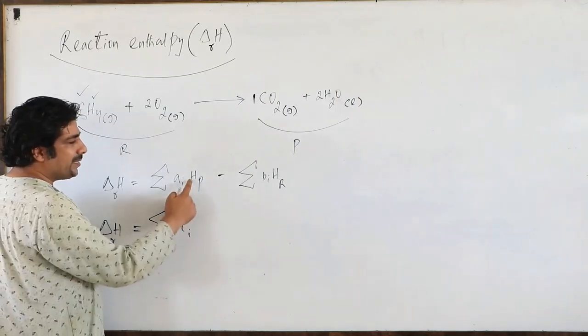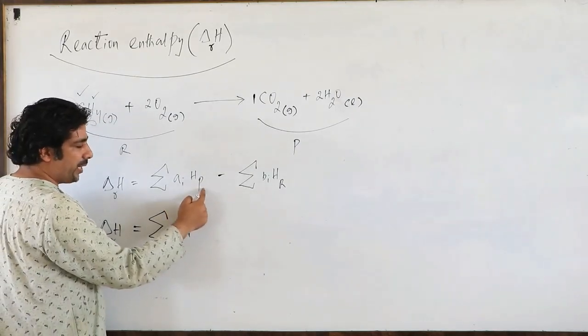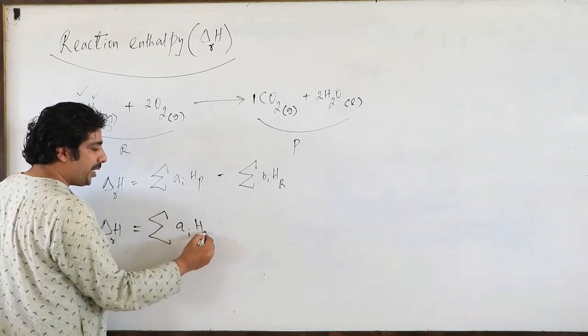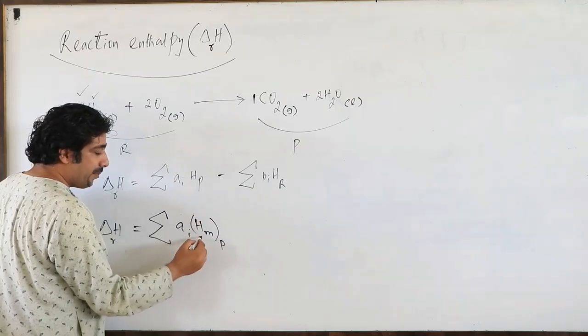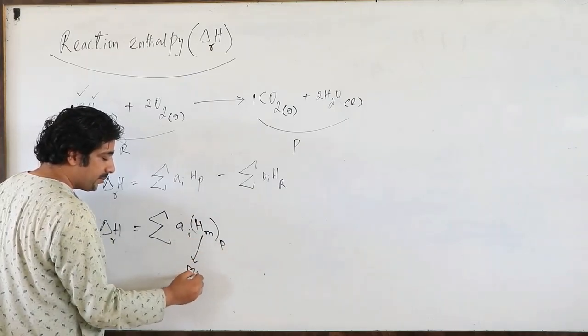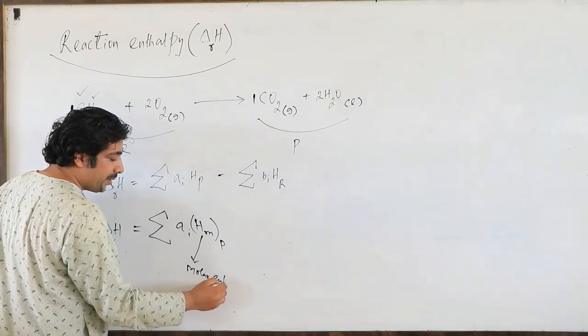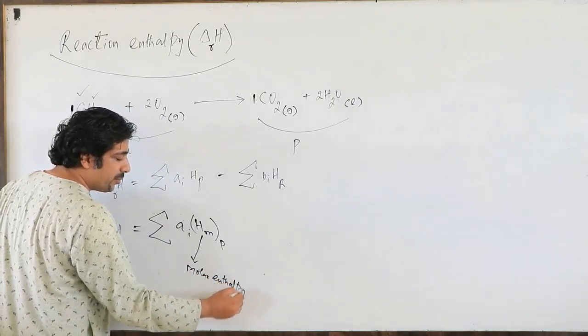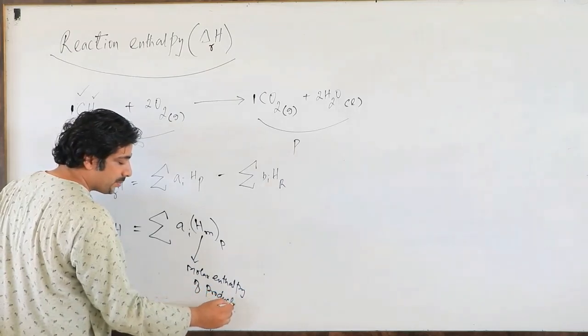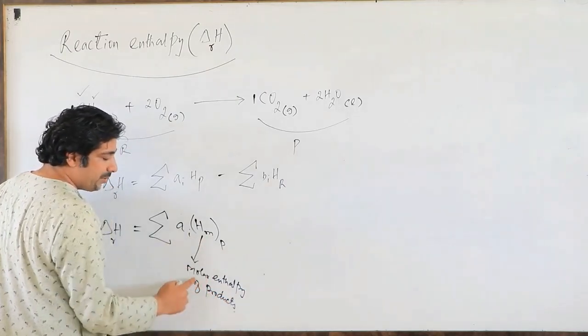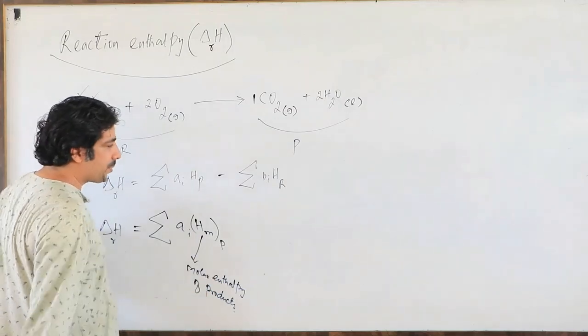In place of HP, that is enthalpy of products, I will write HM of products. This HM will represent molar enthalpy. That is the only change I am doing: molar enthalpy of products. HMP will represent molar enthalpy of products. Okay.